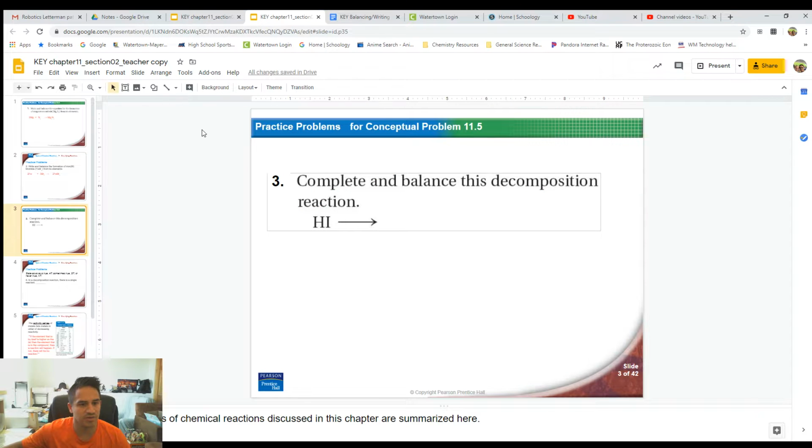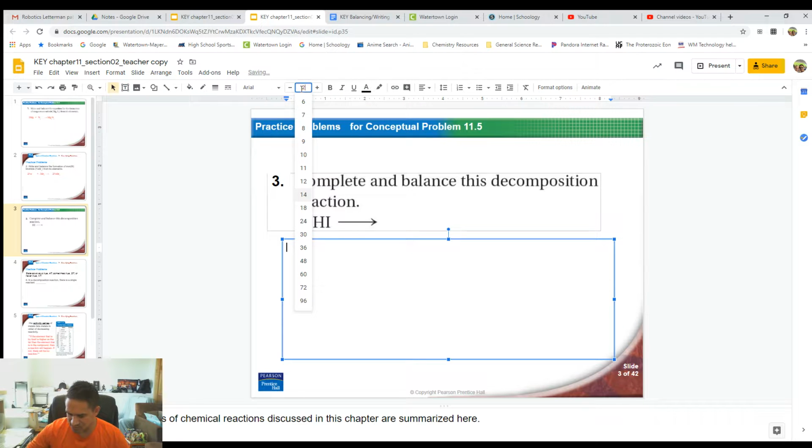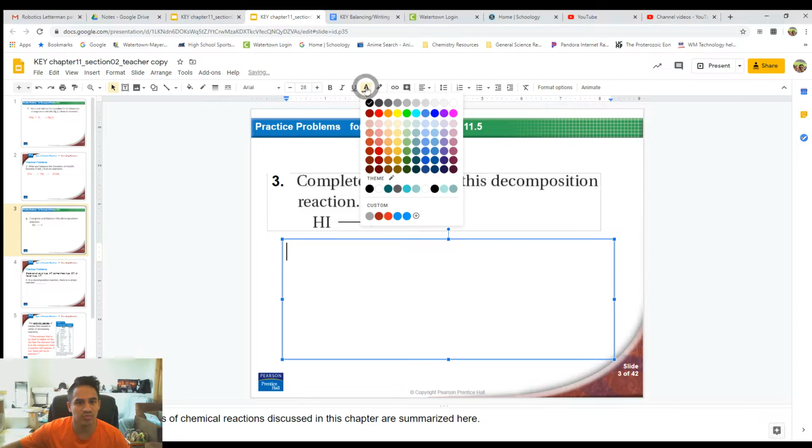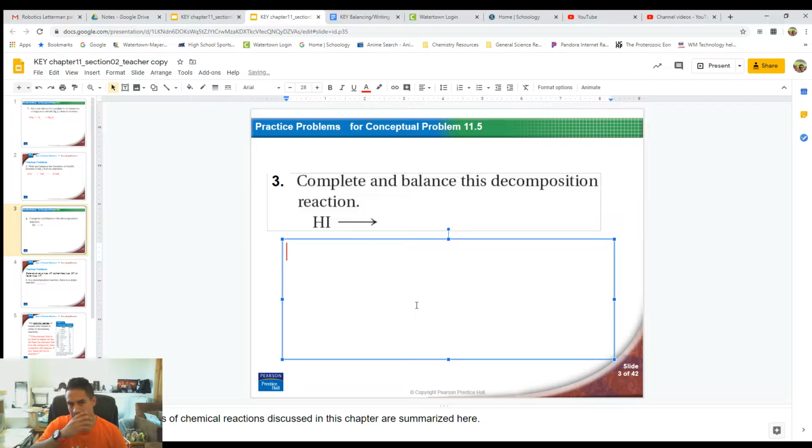All right, taking a look at number 3. Complete and balance this decomposition reaction. Decomposition means that we are going to be breaking apart the compound, typically to make the elements that make it up or smaller compounds. So in this case, we have HI, which is hydroiodic acid, and it's breaking apart.